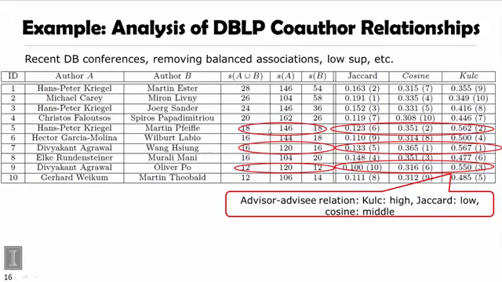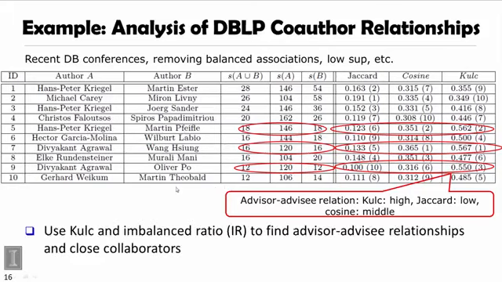Based on the imbalance ratio, you can easily calculate that their imbalance ratio is reasonably high. So in that case, you can easily judge that Hans-Peter Kriegel is likely to be the advisor of Martin Pfeifle. So using Kulczynski and imbalance ratio, we can easily find advisor-advisee relationships and close collaborators. In one research paper on finding advisor-advisees, we really used those measures to find them with reasonably high accuracy.